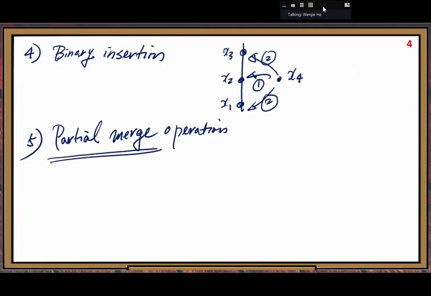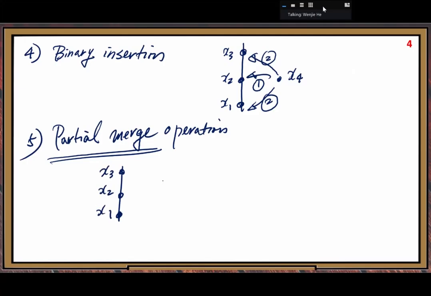From the name, you know how to do it, right? So, for example, two ordered arrays. One is ordered x3, x2, x1.